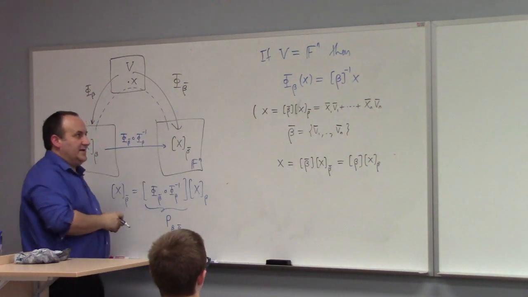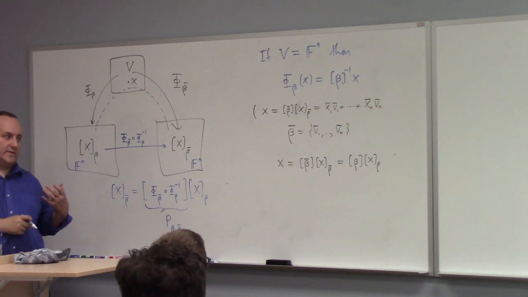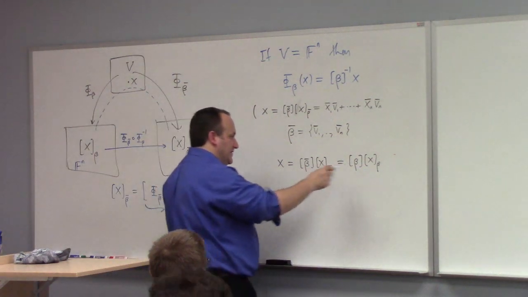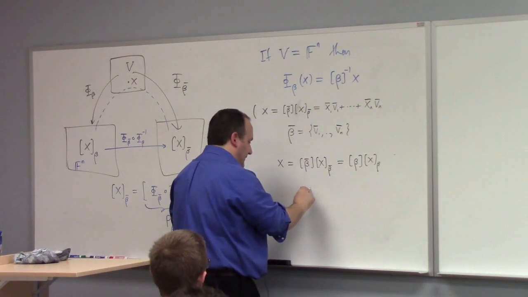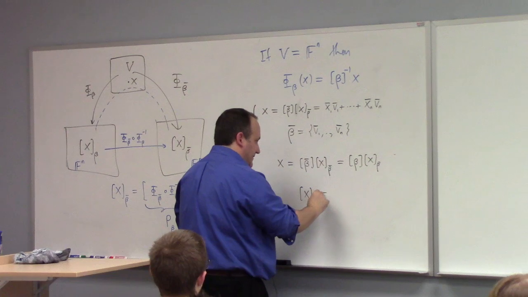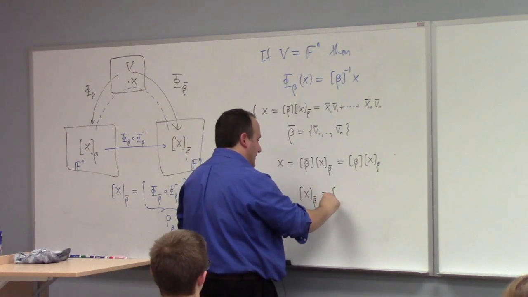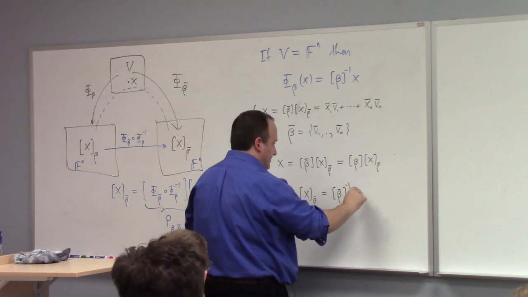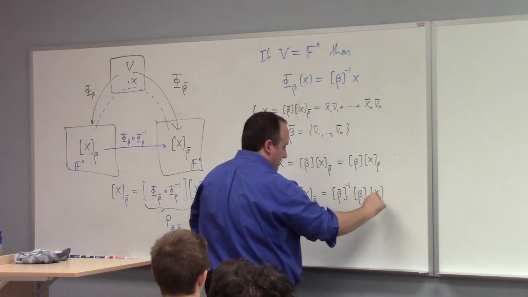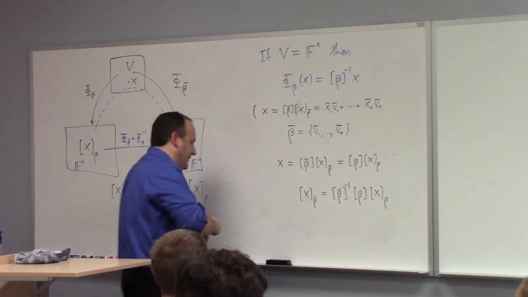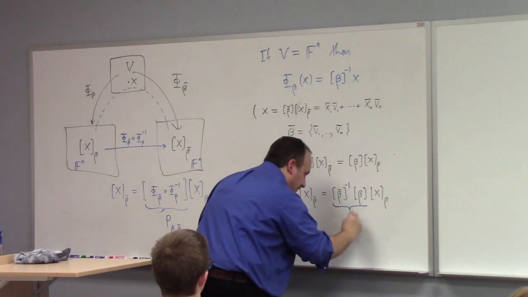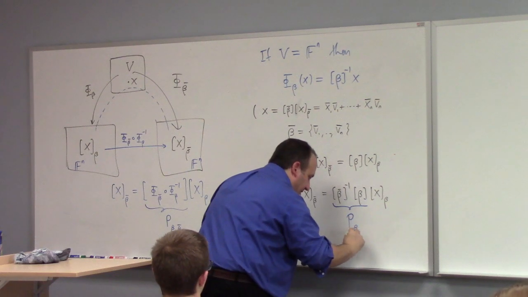And so in the special context of column vectors, we have a really simple relation between coordinate vectors of the following kind. But this is special to the context of column vectors. So you can identify in this particular context, this right here is my P beta bar.